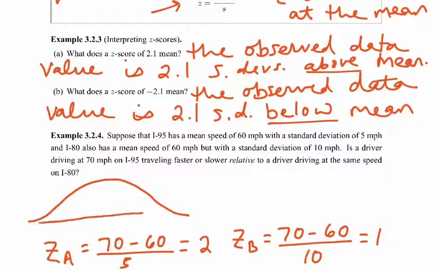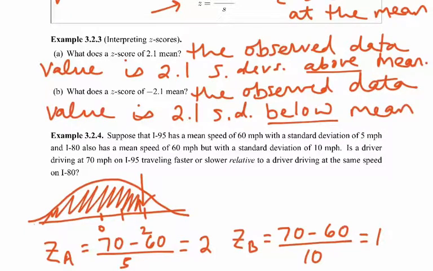On I-95, the z-score for the mean, of course, would be right in the middle. If he has a z-score of 2, that means the driver is up here. So his speed is 2 standard deviations above the mean. All of these drivers are going slower than him.